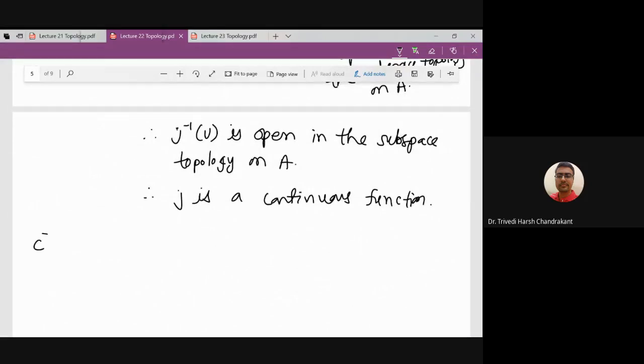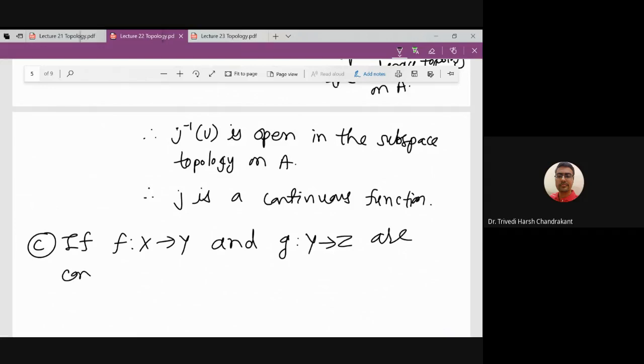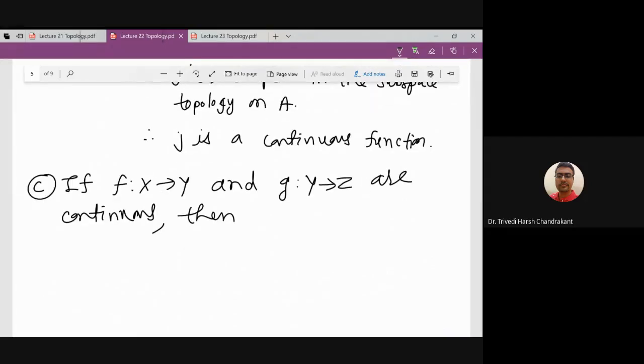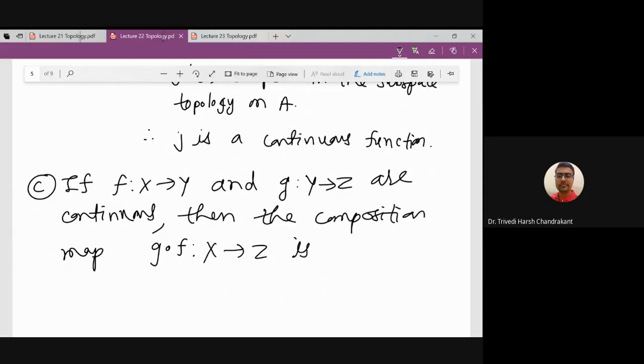Now, the third property is that if I have functions f from X to Y and g from Y to Z that are continuous, then the composition map g circle f, which will be from X to Z, is continuous.